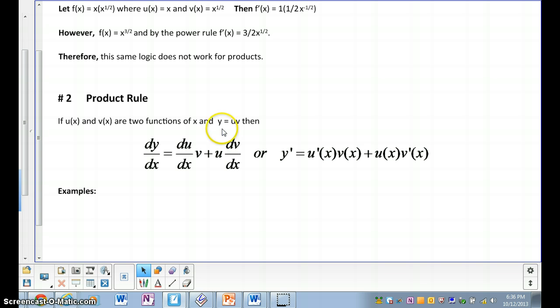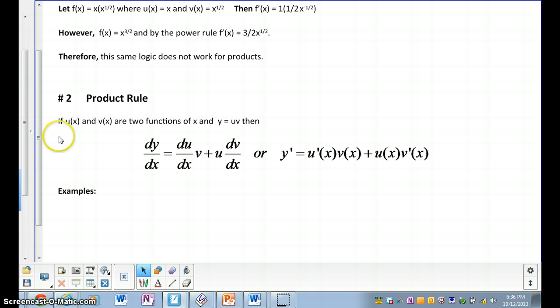When we have y equals u times v, then the derivative of y with respect to x is equal to the derivative of u times v plus u times the derivative of v. There's another way to write it with the prime, and we would say that as y prime is equal to u prime of x times v plus u of x times v prime.